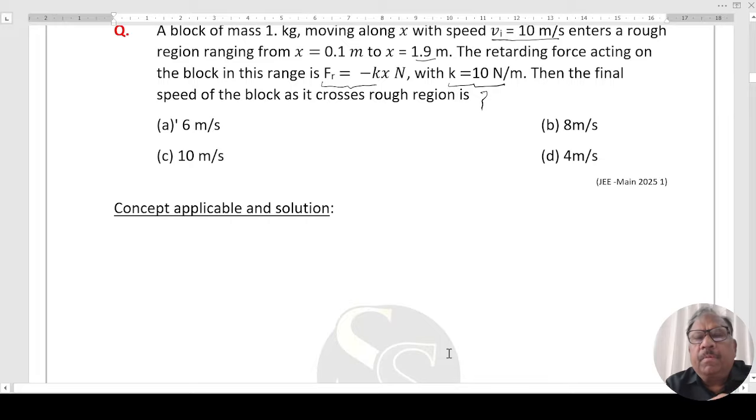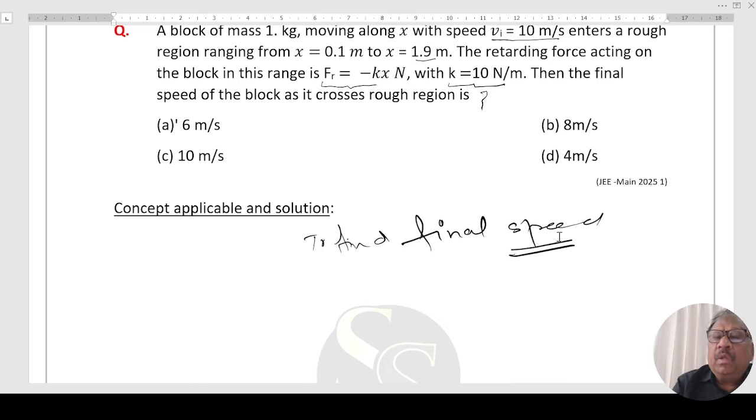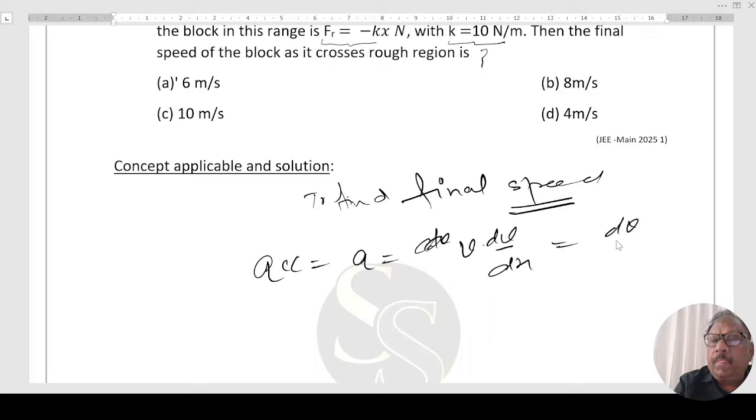Now in this case, we have to find the final speed. Initial speed is known. To find it, we use acceleration, a equal to v dv by dx or dv by dt.